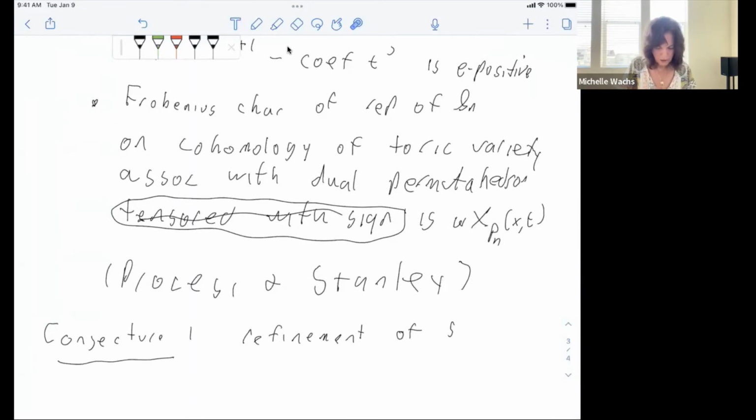So conjecture one is the refinement of Stanley and Stembridge.